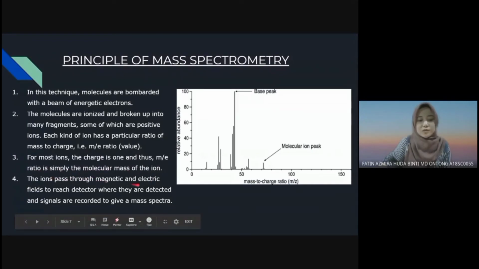The ions pass through magnetic and electric fields to reach the detector where they are detected and signals are recorded to give a mass spectrum. From this, you can know that this is the highest relative abundance, which shows that it is the most abundant isotope in nature. Okay, that's all from me.